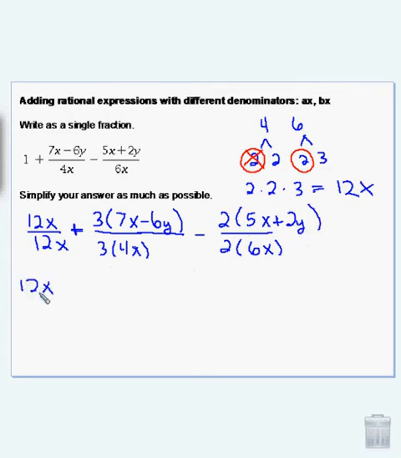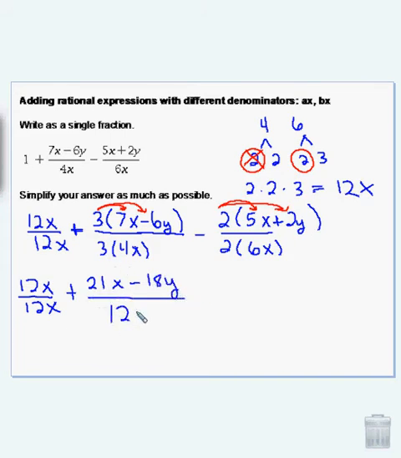I'm going to go ahead and do all this multiplication. We're going to distribute our 3. So we multiply by each of these terms, and we'll also distribute our 2. Distributing our 3, I get 21x minus 18y, and then 3 times 4 is 12x, and then I get 10x plus 4y over 12x.